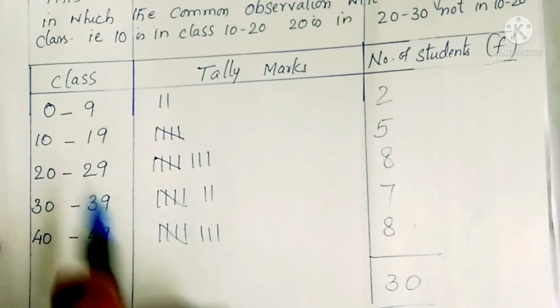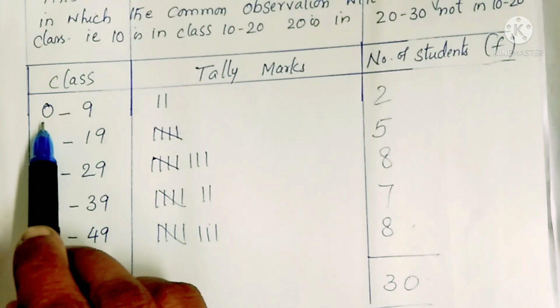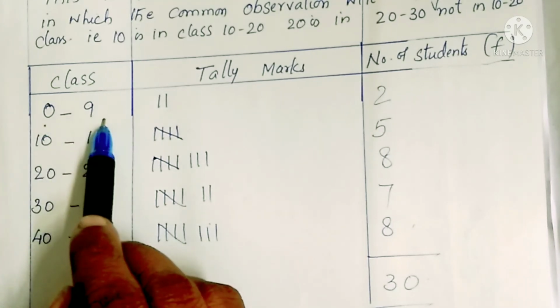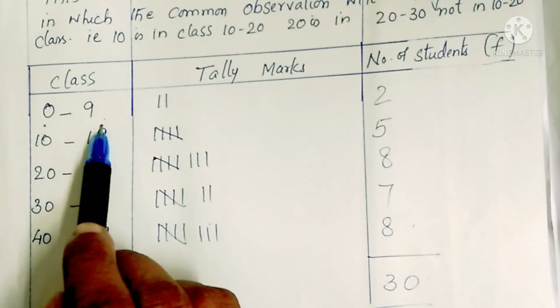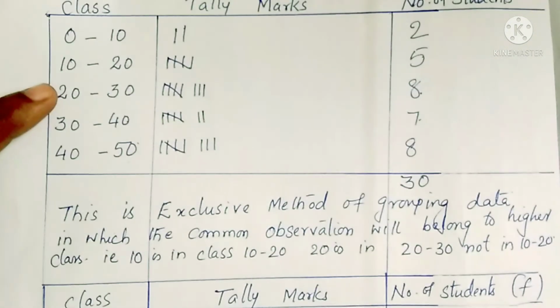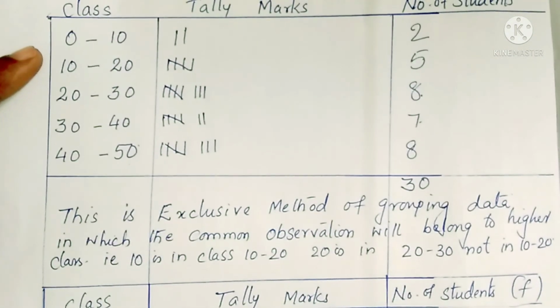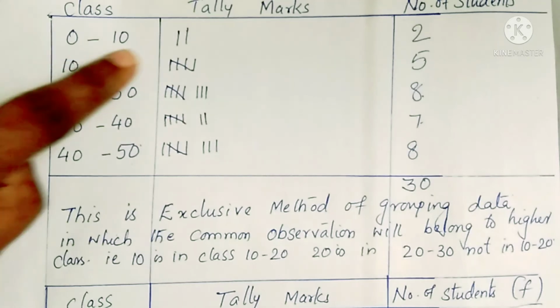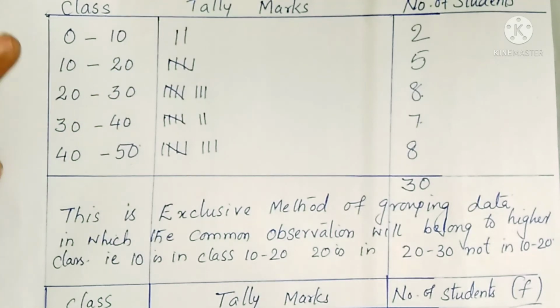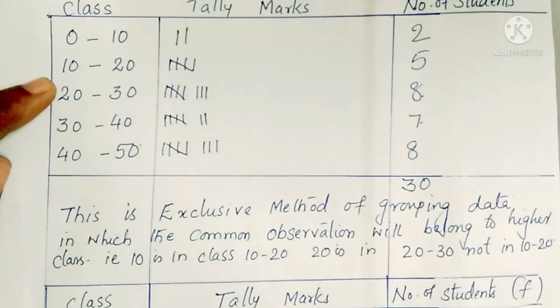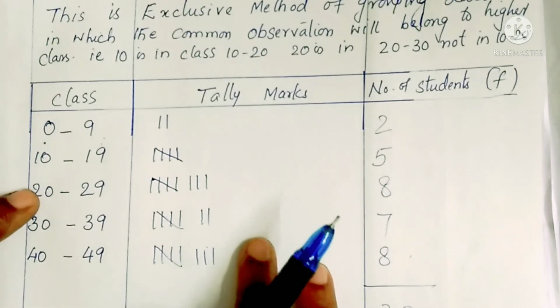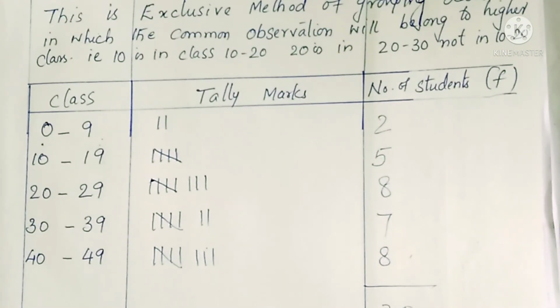Why is it called inclusive? Here they have included both lower limit and upper limit in the same class. Whereas here the upper limit is not included in the group. So it is called an exclusive method, and this is called inclusive method, where both the limits are included in the class.